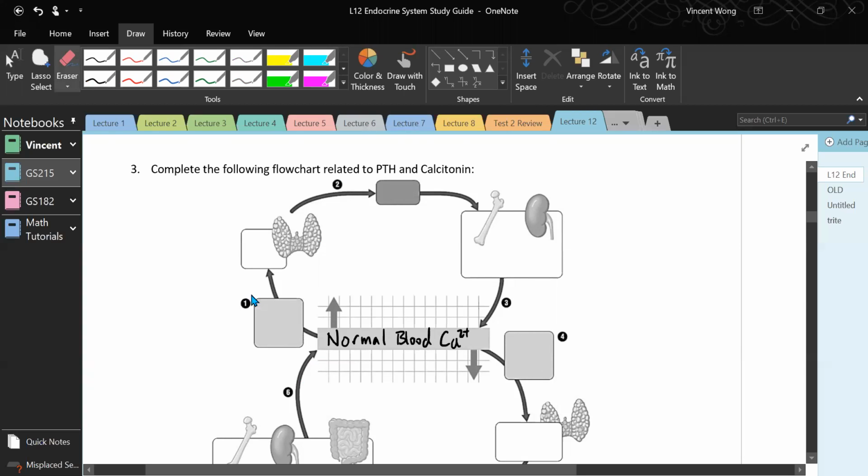And so what happens is you have increased blood calcium. Maybe you had a calcium-rich meal for a whole week or something. Maybe you took too many calcium supplements. That's going to cause your blood calcium to shoot up, and then that will trigger the thyroid gland to release calcitonin.